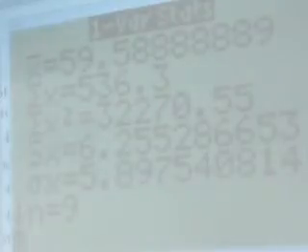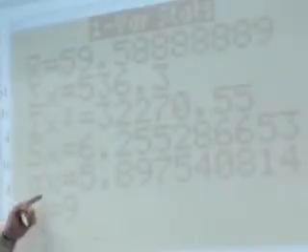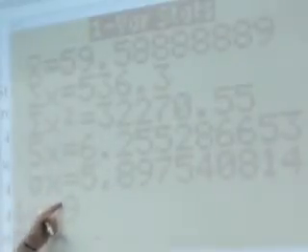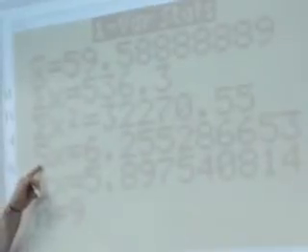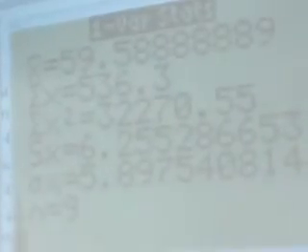And then S. We don't want sigma of that variable because this is not a population. It's a sample. So you want the one above it. Careful on that. Our S is 6.255 28 6653.